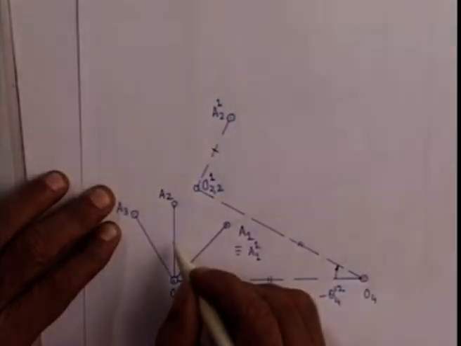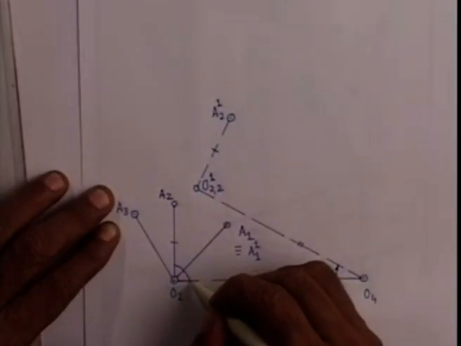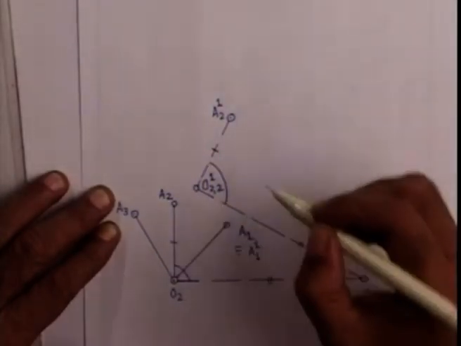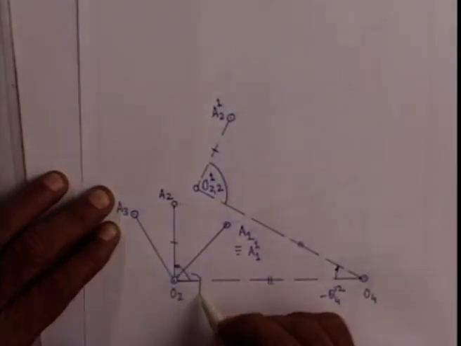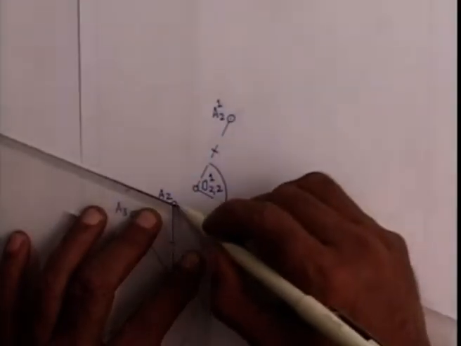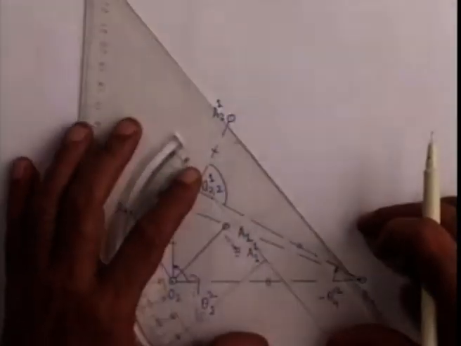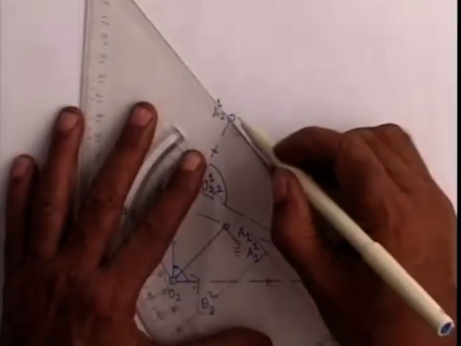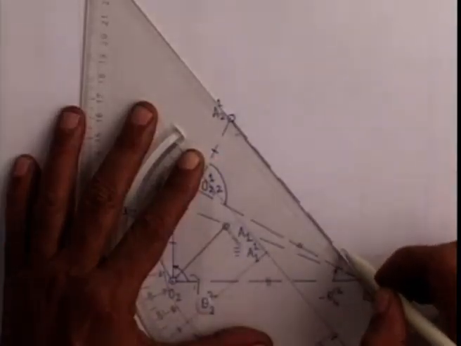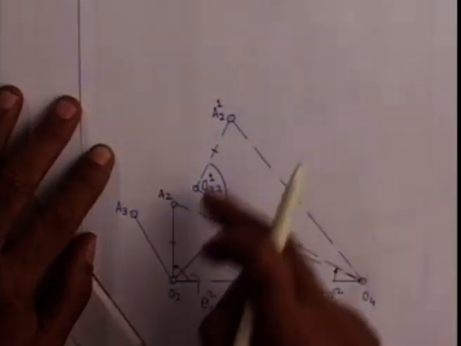This length is the same as this length, because that is the crank length, and this angle is the same as this angle, because both of them are theta 22. Consequently, these two triangles are identical, because two sides and the included angle are the same.